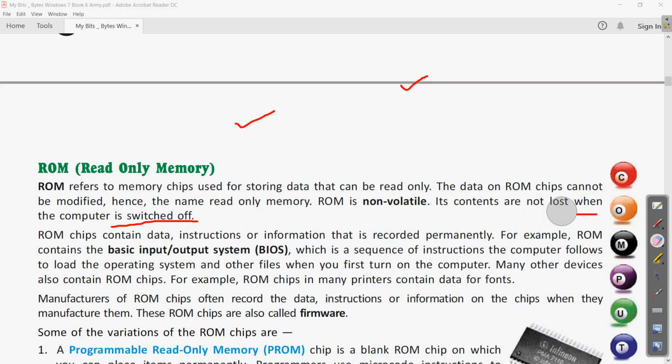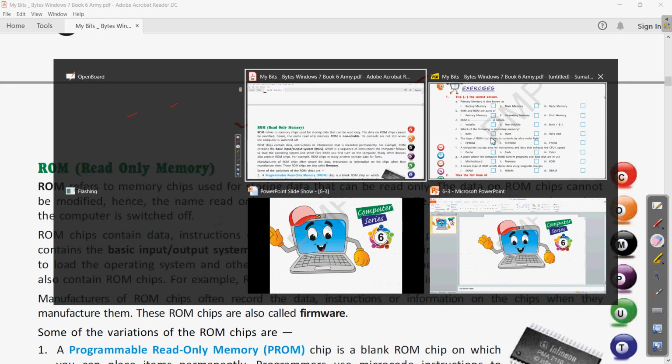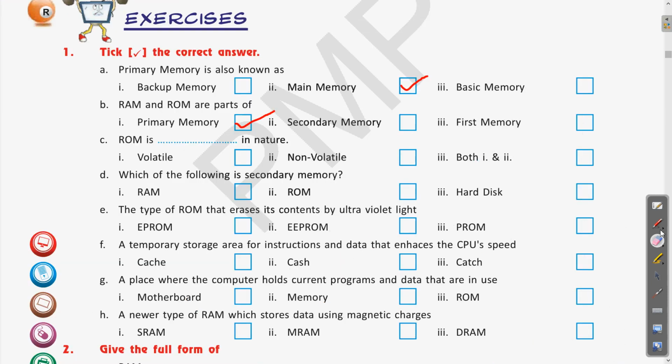Okay, let us erase this and come back to the exercise page. So now we were discussing the third: ROM is volatile in nature. Volatile or non-volatile? Non-volatile, yes. ROM is non-volatile in nature. D. Which of the following is secondary memory? RAM, ROM, and hard disk.